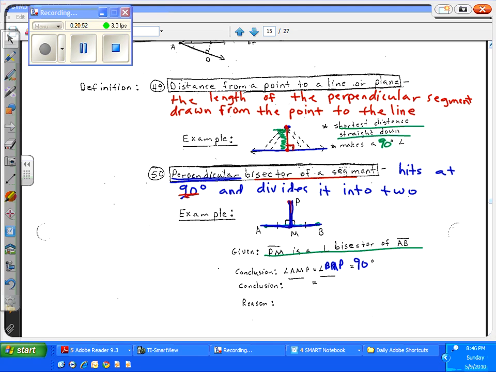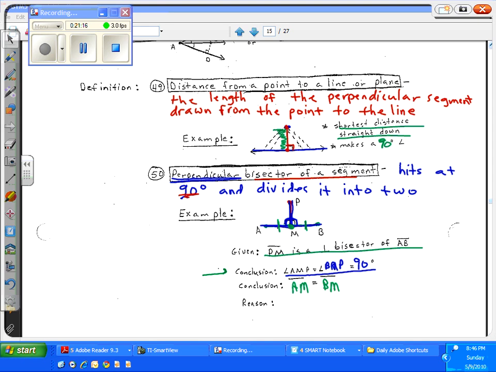They're perpendicular. They form equal adjacent 90-degree angles. And it bisected it, therefore it divided it into two equal segments. Therefore, we can conclude that AM is equal to BM.